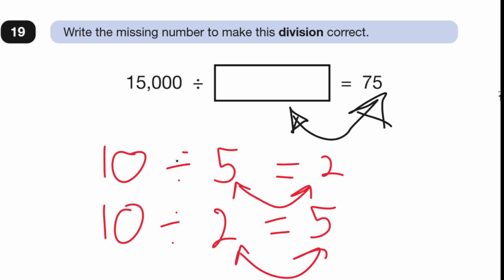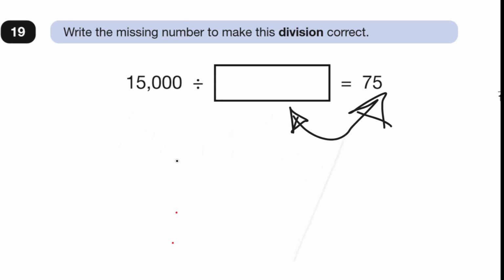You try it out on a different number sentence, and you'll see that the number you're dividing by, your divisor, will be able to swap with the answer each time, okay? Because 5 and 2 are the factors and 10 is the multiple. So that's exactly the same with this. To find your answer, all you need to do is swap those two numbers around.